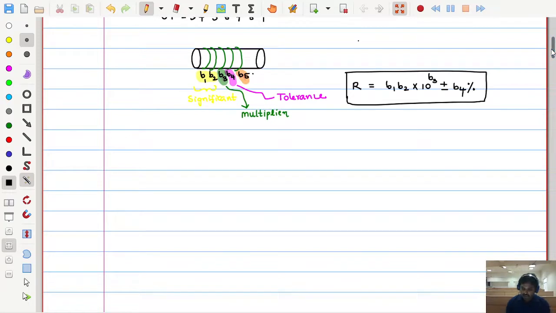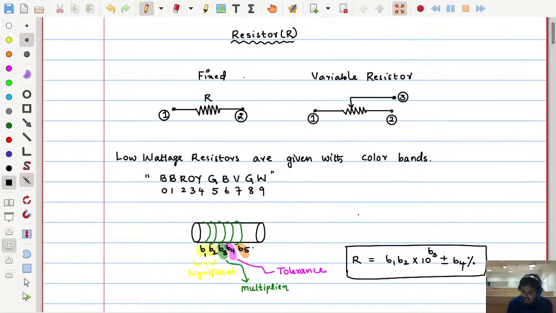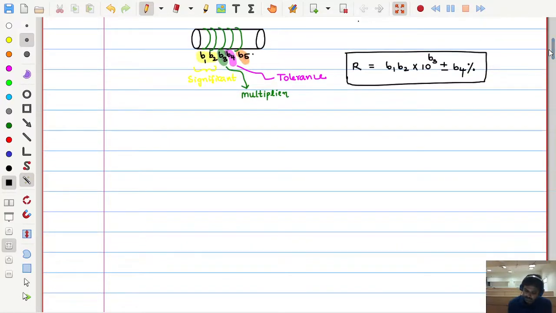Now let us move on to some more additional information on resistance values. We have seen these two classes: resistors are fixed and variable. Let me take the variable resistor and see some important characteristics for circuit analysis.